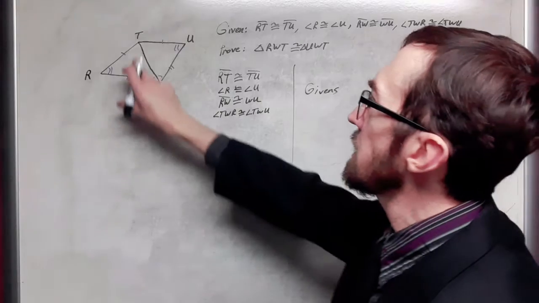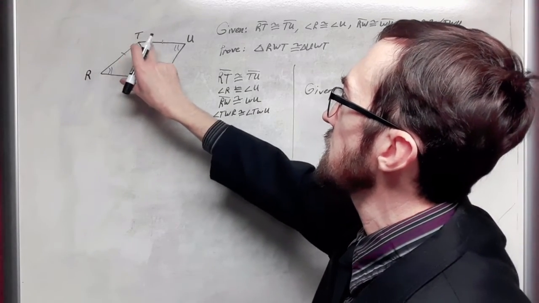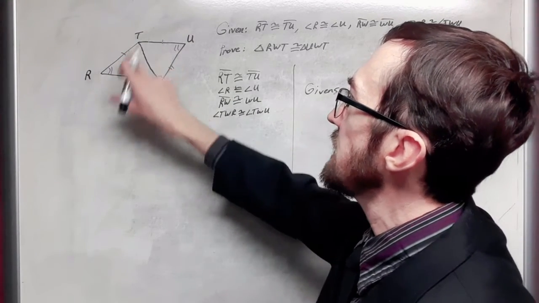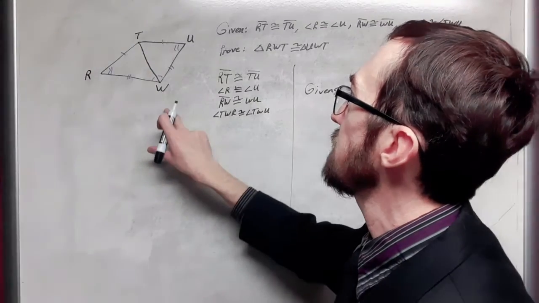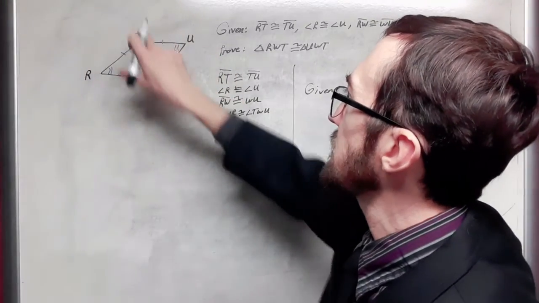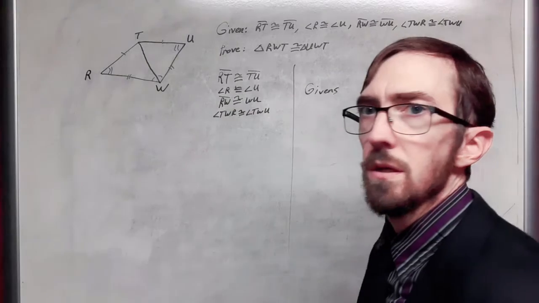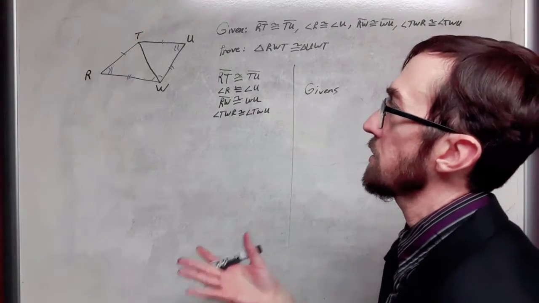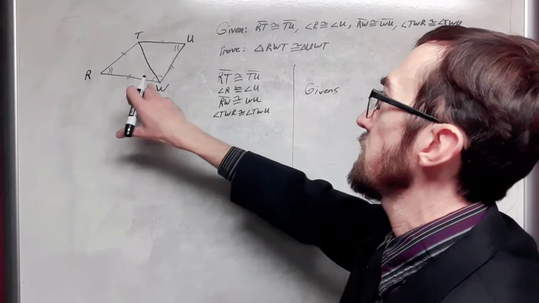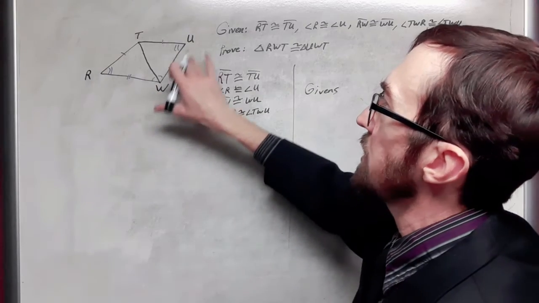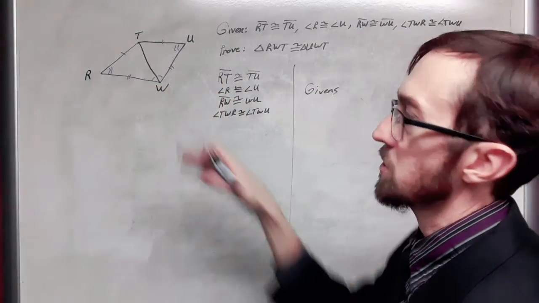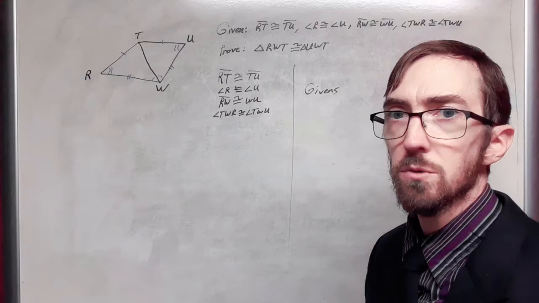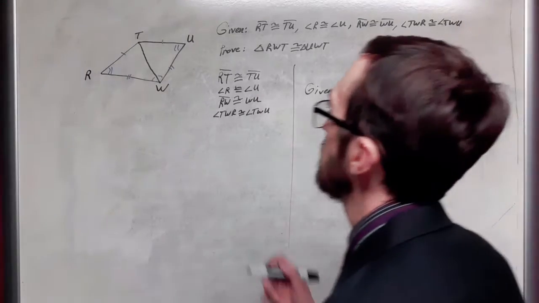Immediately we can say that these two angles up here where T is, which is RTW and UTW, are going to be corresponding congruent angles because we already knew that these two angles are corresponding congruent to these two angles. These are triangles, and so the third angles theorem applies here.